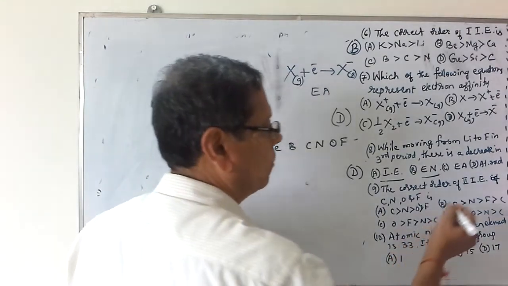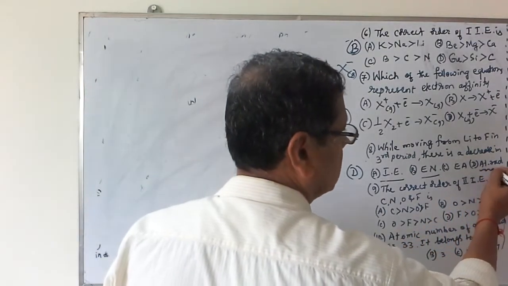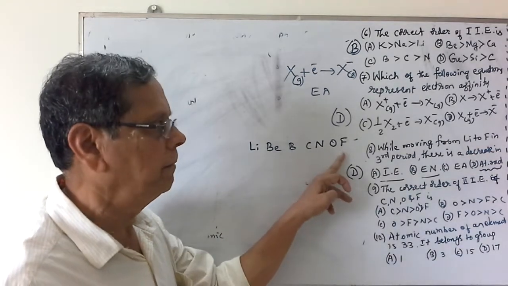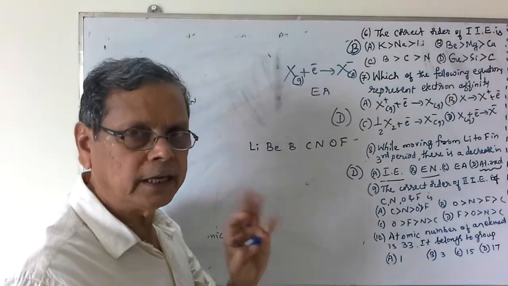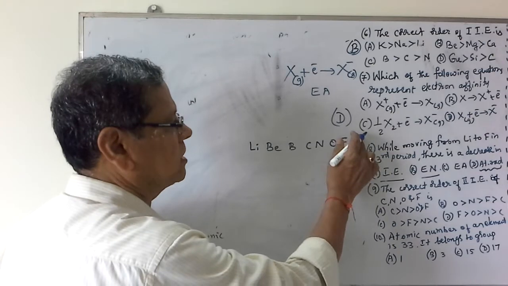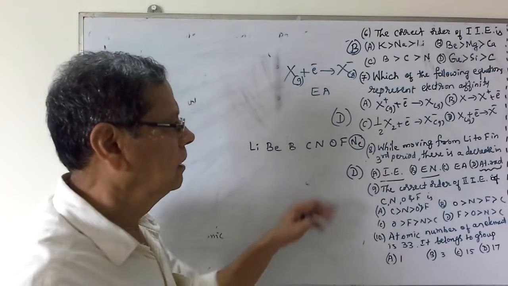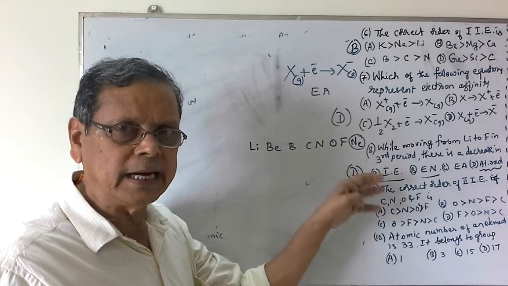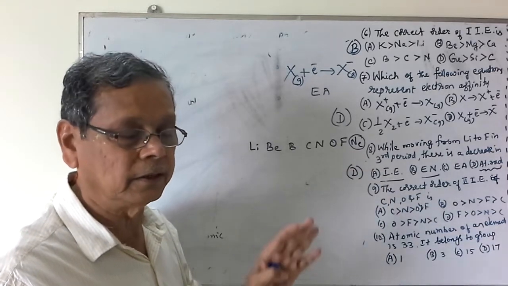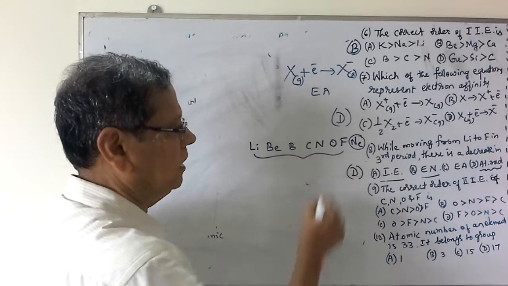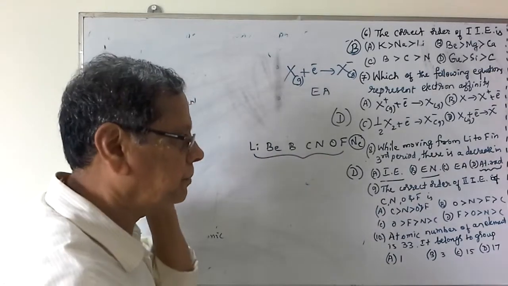Only the radius shows a continuous decrease when we move from lithium to fluorine in the period. Remember, the next element, neon, is not taken, because for neon the radius is called the van der Waals radius, whereas only for the others do we consider the covalent radius.